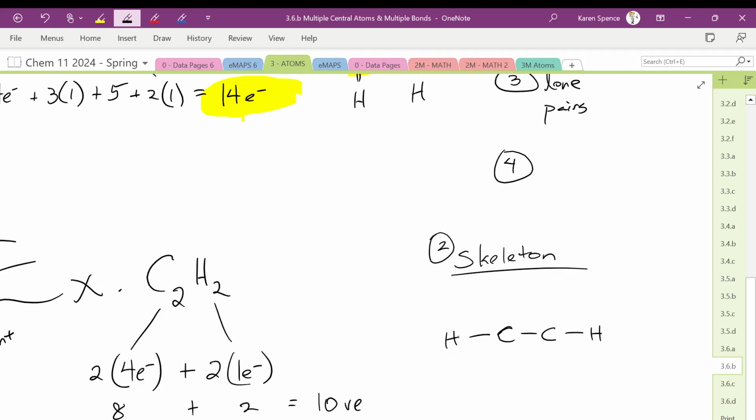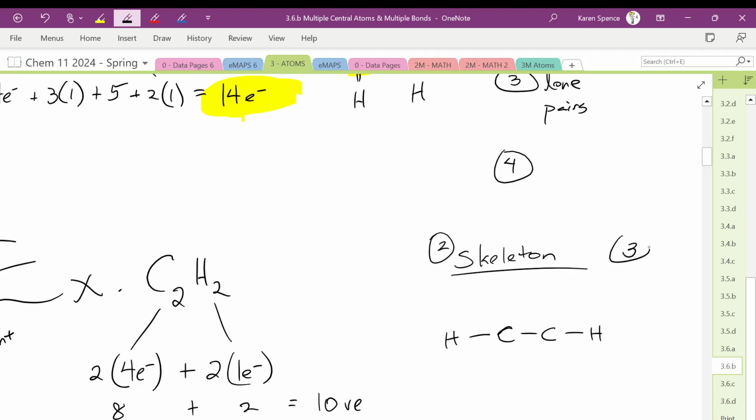Check to see if your skeleton structure looks like mine, or at least something close. Does your skeleton structure look like mine? Carbon's in the middle. You could, in theory, put 2 hydrogens on one carbon and none on the other, but like I said, symmetrical is best. So if you can put 1 on either end, that's best.